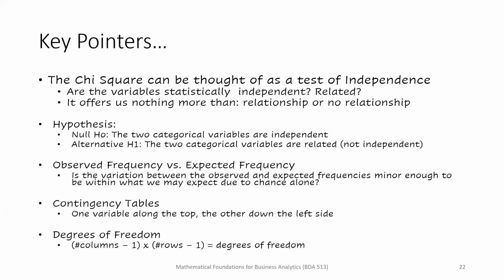The null hypothesis is that the two categorical variables are independent. The alternative is that the two are related, or not independent. So is the variation between observed and expected frequency minor enough to be within what we may expect due to chance alone? We also look at the contingency table and degrees of freedom. That's about it for chi-square.